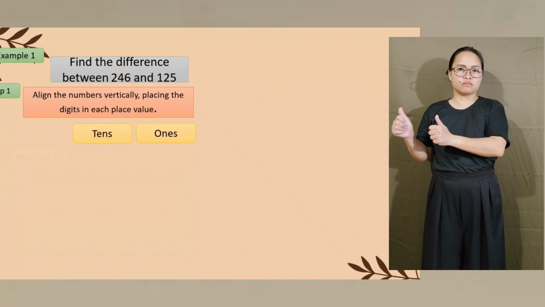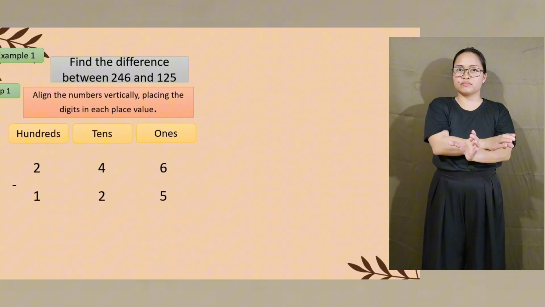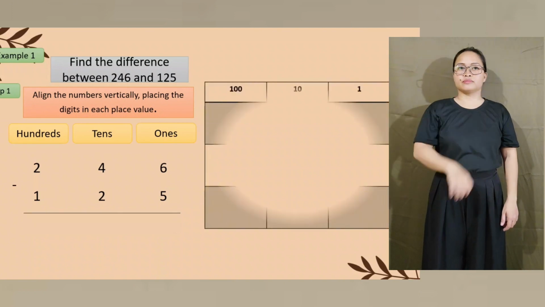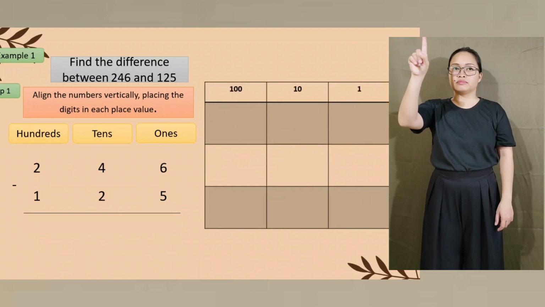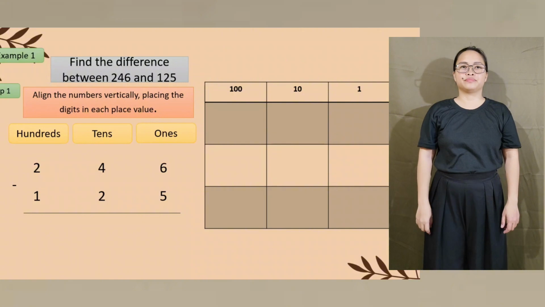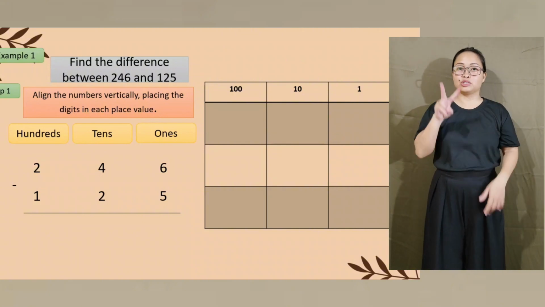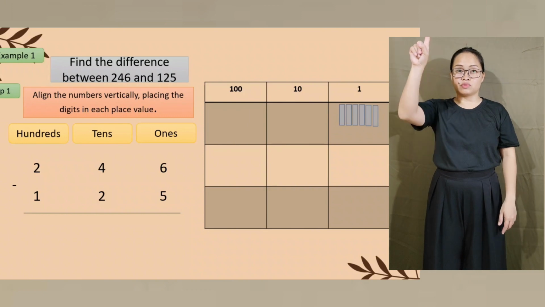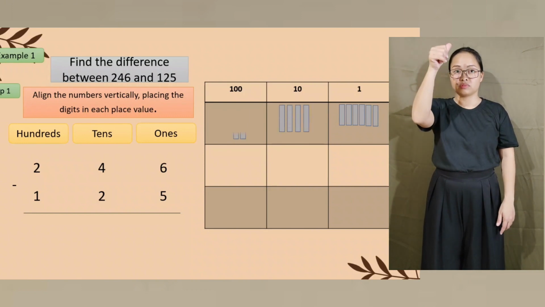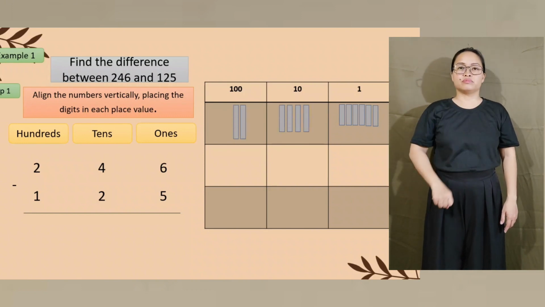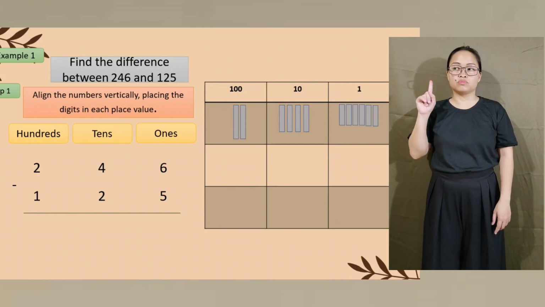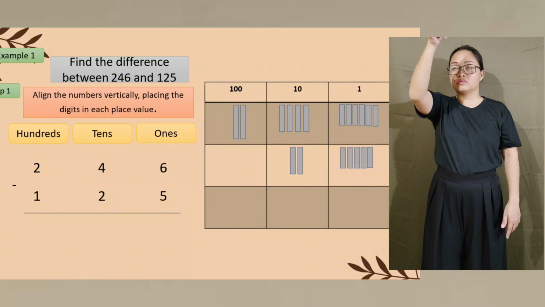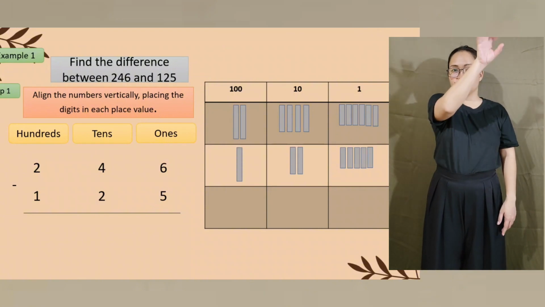Align the numbers vertically, placing the digits in each place value, ones, tens, or hundreds. Now 246 has 6 ones, 4 tens, and 2 hundreds, while 125 has 5 ones, 2 tens, and 100.